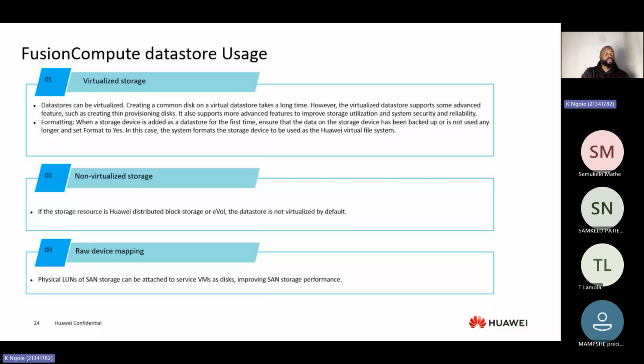We can also have what we call an RDM, a raw device mapping. In this case, the data store can be used as the entire disk for the RDM, so only a disk that matches the exact capacity of the data store can be created.